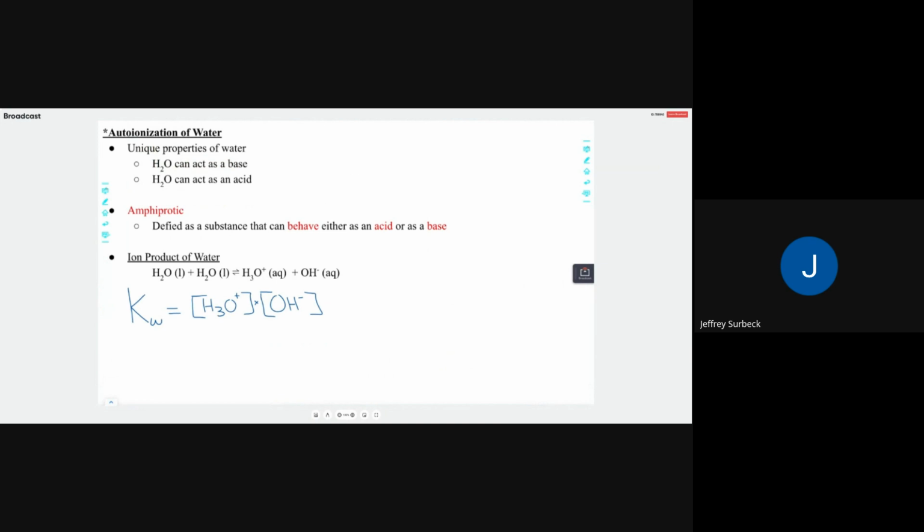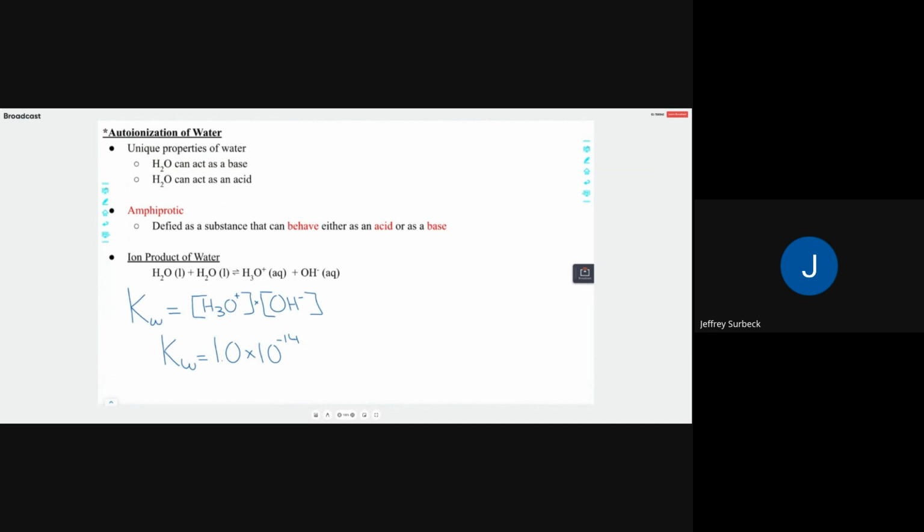Okay, so we technically would put that over 1, but you don't see that written over 1. The next thing that I want to do is this. KW, through experiments, they figured out that the actual value of KW is 1.0 times 10 to the negative 14th. And remember, K is unitless there, okay? So it would be given as this.